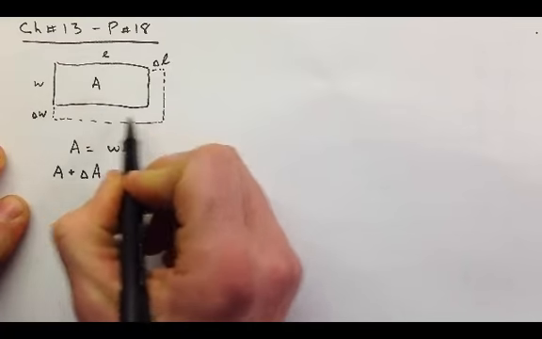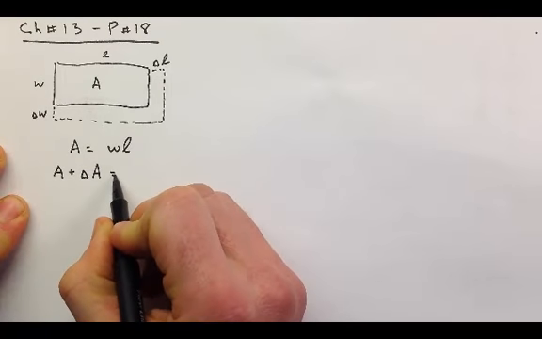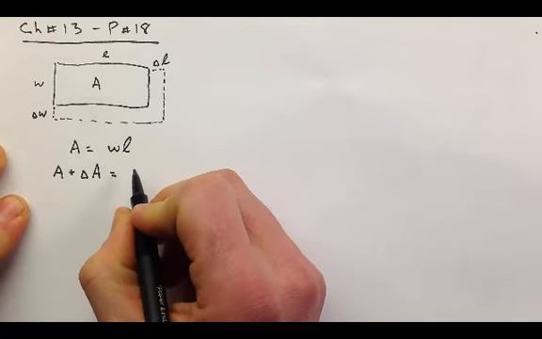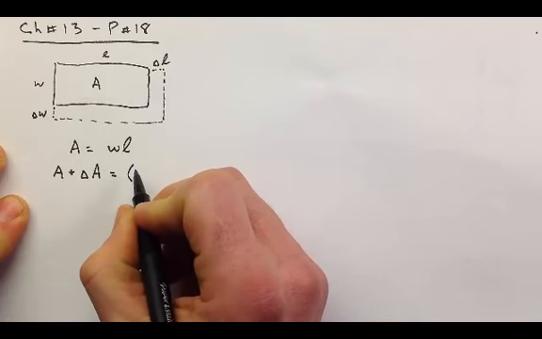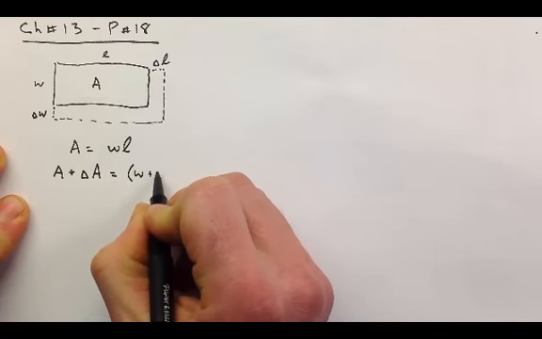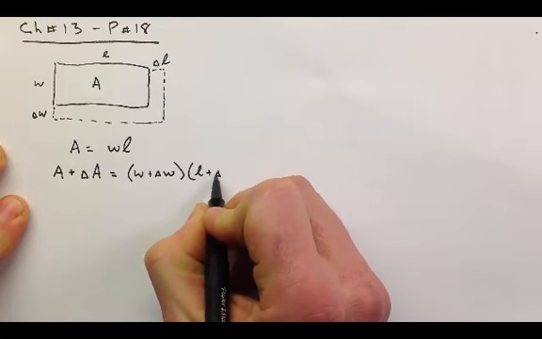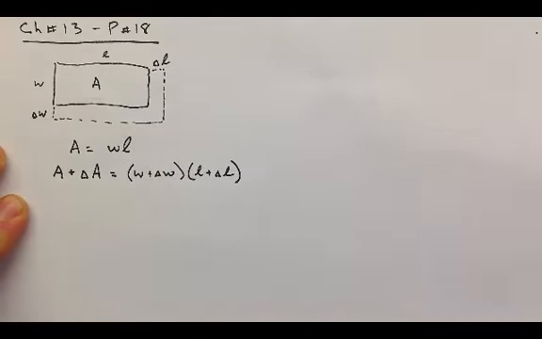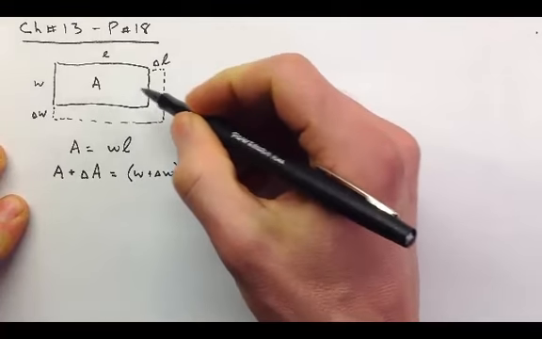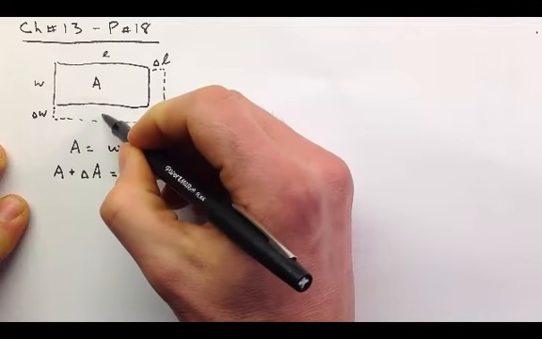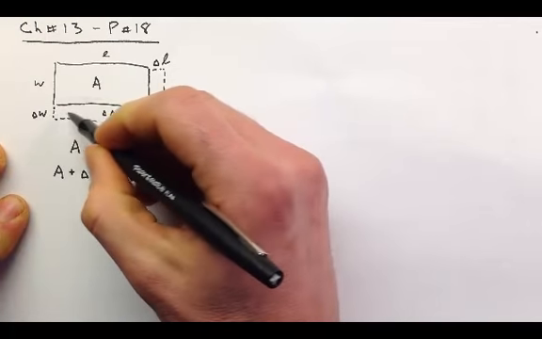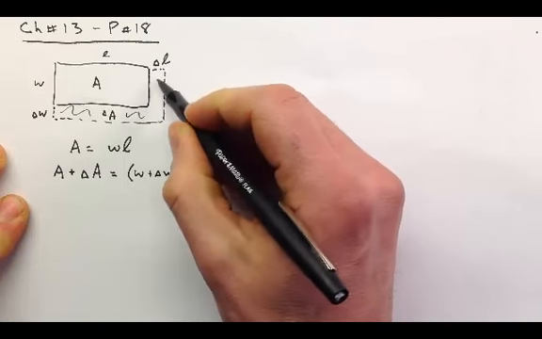So the area of this whole thing would be A plus delta A. Well, what would that area be? Well, it would be W plus delta W times L plus delta L. Okay? So, in other words, the area of this whole thing. So this in here would be delta A, all of this area in here.